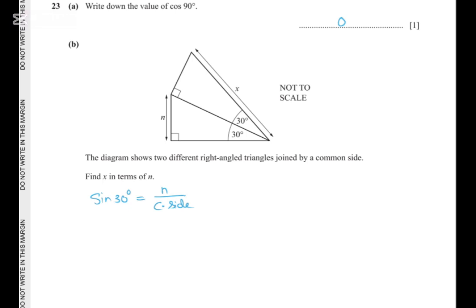Now if I cross multiply, the common side value will be n by sine 30. Simplify, sine 30 is 1 by 2. So n by 1 by 2, the reciprocal of the fraction, becomes 2n. So that means the common side is 2n. So we got the common side 2n.